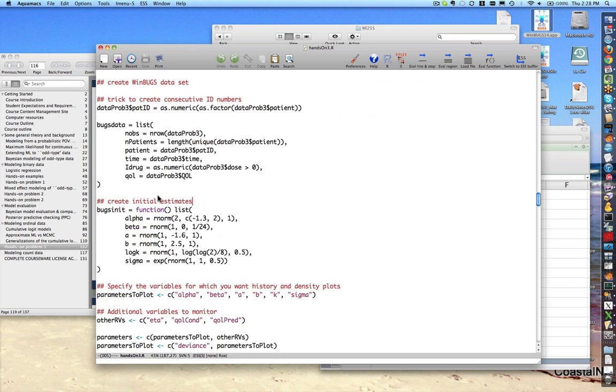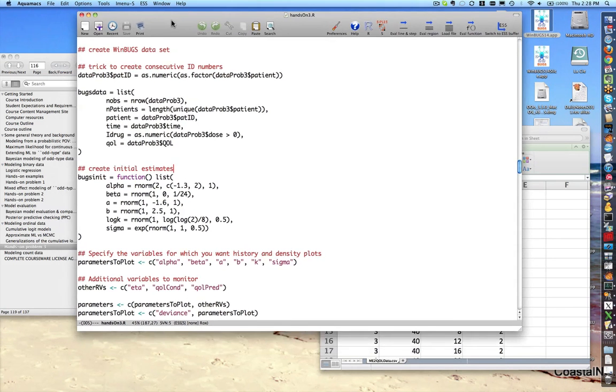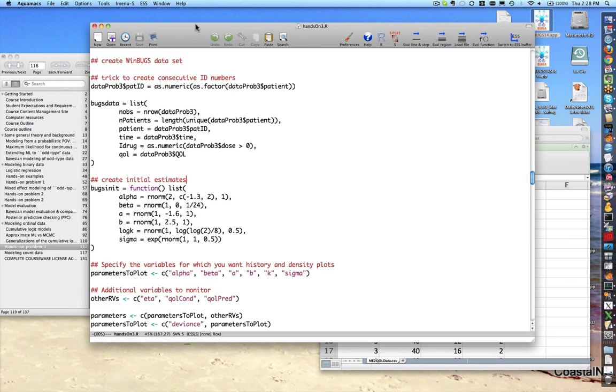We've got our initial estimates, and I'll let you take a look and see how these were generated. Most of those I didn't do particularly carefully. I just did it by eyeballing the plots, particularly the plots in terms of the logit transform. So they were just roughly eyeballed to get those numbers.